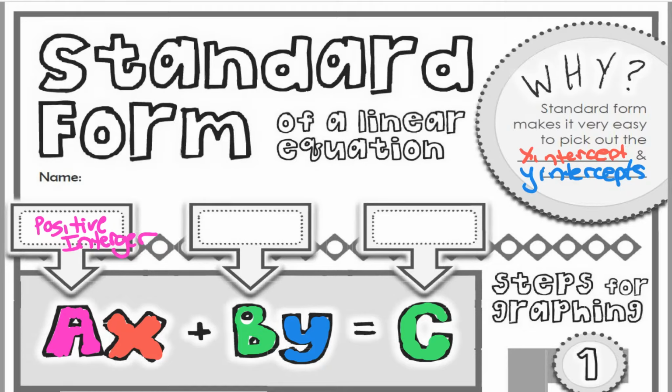And then b is just an integer, so b can be positive or negative, and c can be a positive or negative integer as well. As you can tell, I can't spell integer. There we go. So a always has to be positive. If you don't see it as positive, we have to multiply by -1 to get everything to be positive.